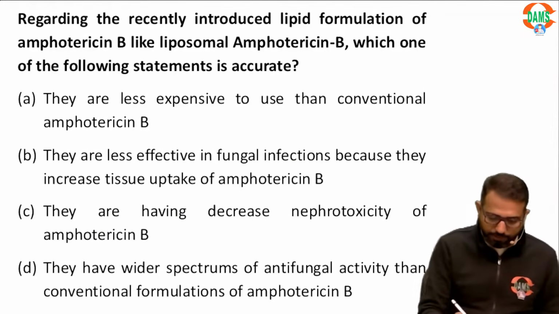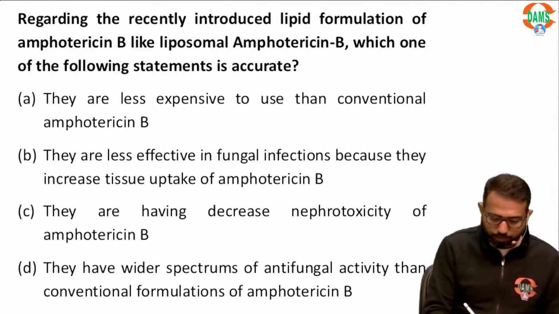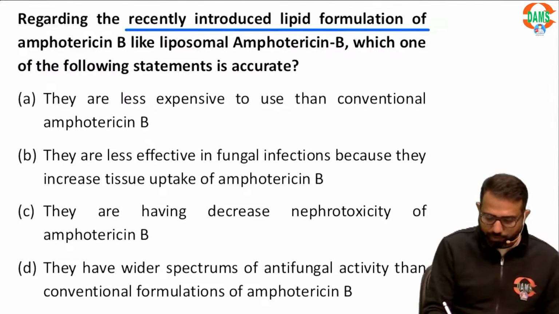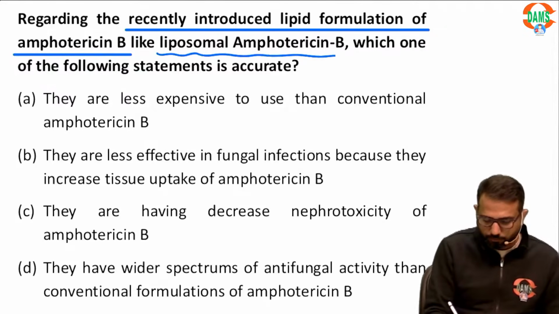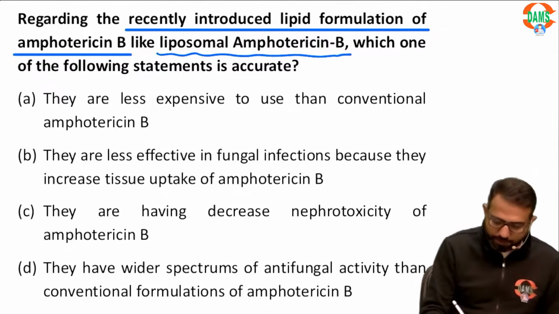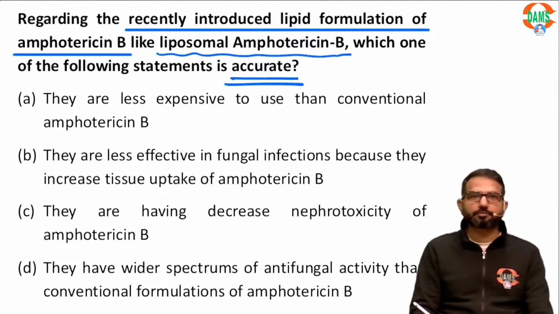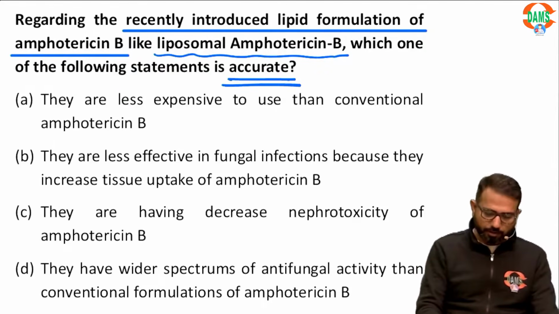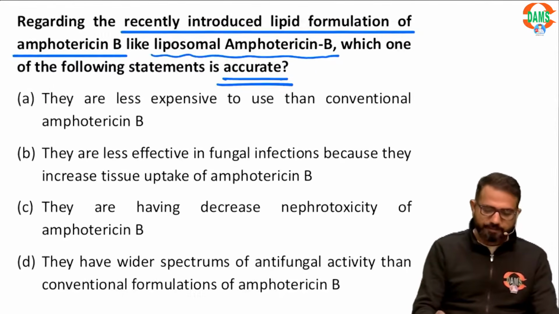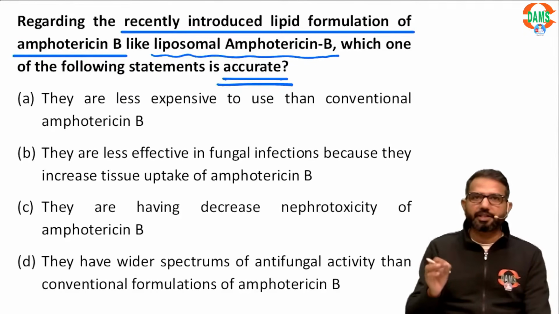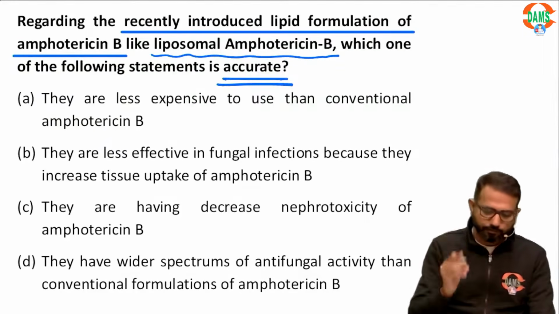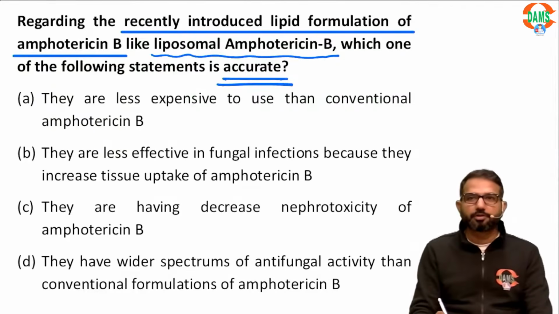Okay, so the last question regarding the recently introduced lipid formulation of Amphotericin B, LAMB, which is the accurate statement. Options are: they are less expensive to use than the conventional Amphotericin B. Is this true?